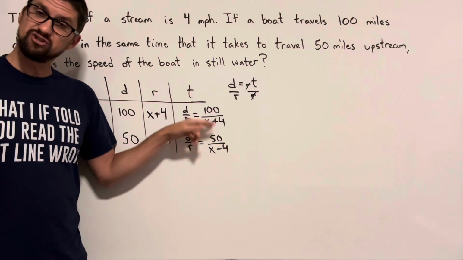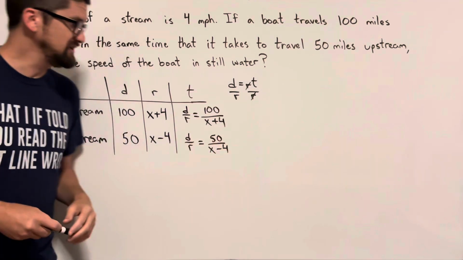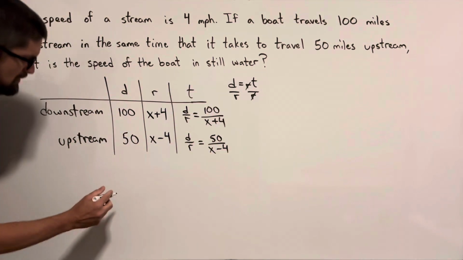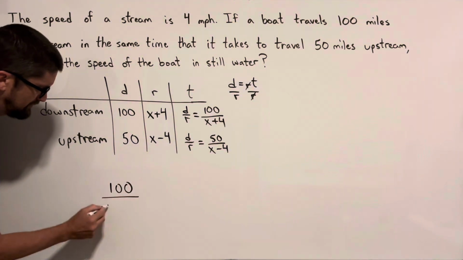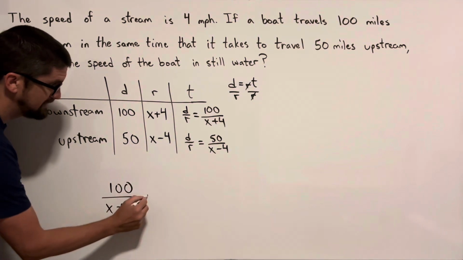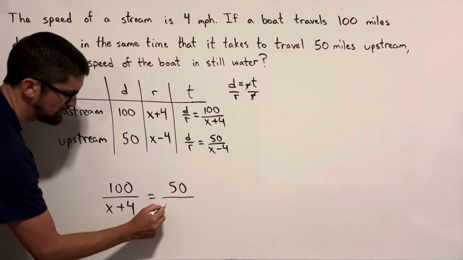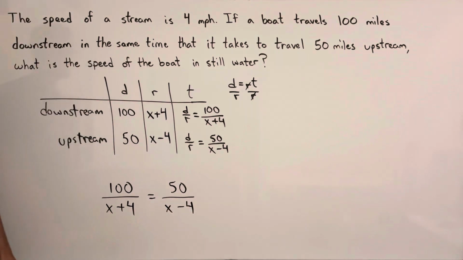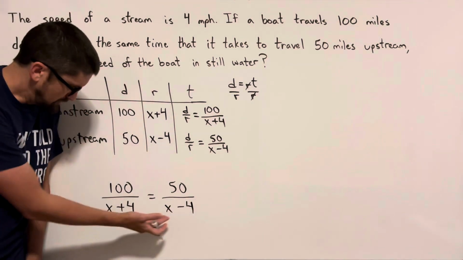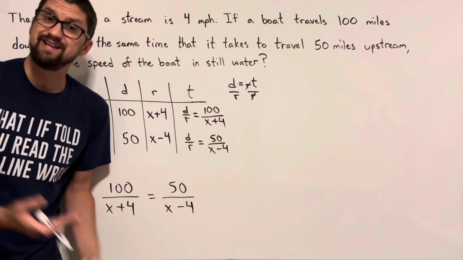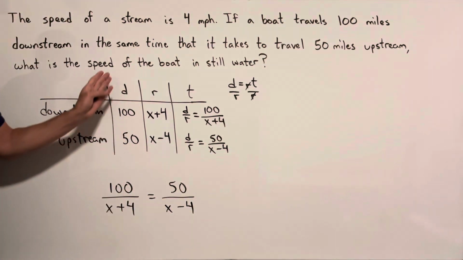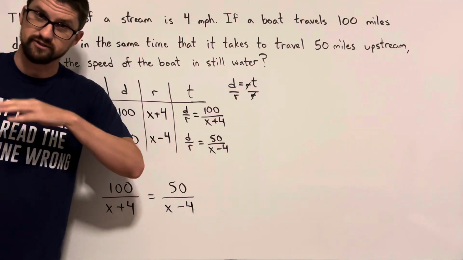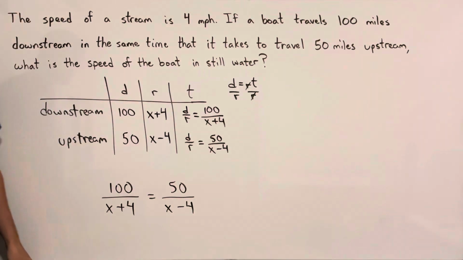And it says that those are the same, so I'm just going to set them equal to each other. So 100 over X plus 4 is going to equal 50 over X minus 4. And there you go. You can solve this equation now for X, and X is what I'm looking for. That's the speed of the boat if the water was still.